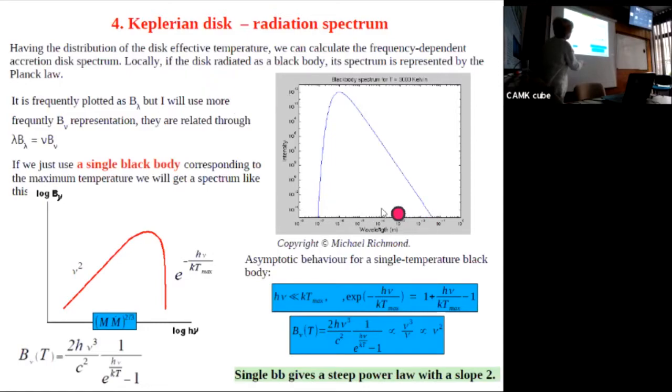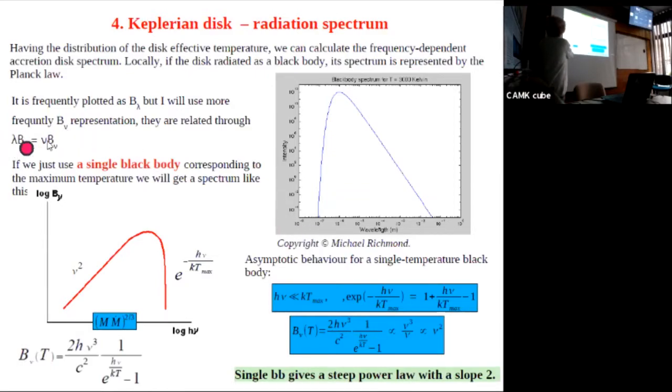Single black body emission looks like that, and in many cases this is plotted as a function of wavelength. But it can also be plotted as a function of frequency. Only you have to be quite careful because power law dependencies are different if you use wavelength and if you use frequency.